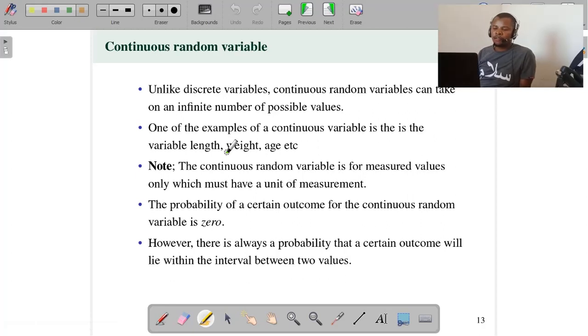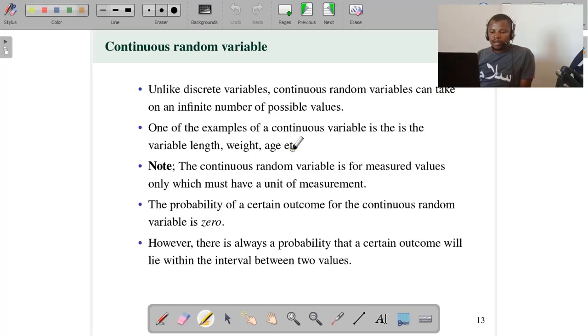Something else which marks the difference, any continuous variable must have a unit of measurement. When you're talking about weight or height, for weight we can say the unit of measurement may be gram, it may be a kilogram, it may be a ton. For length, you can say a centimeter, a millimeter, and so on and so forth. For age, you can say a second, a year, month, weekly.